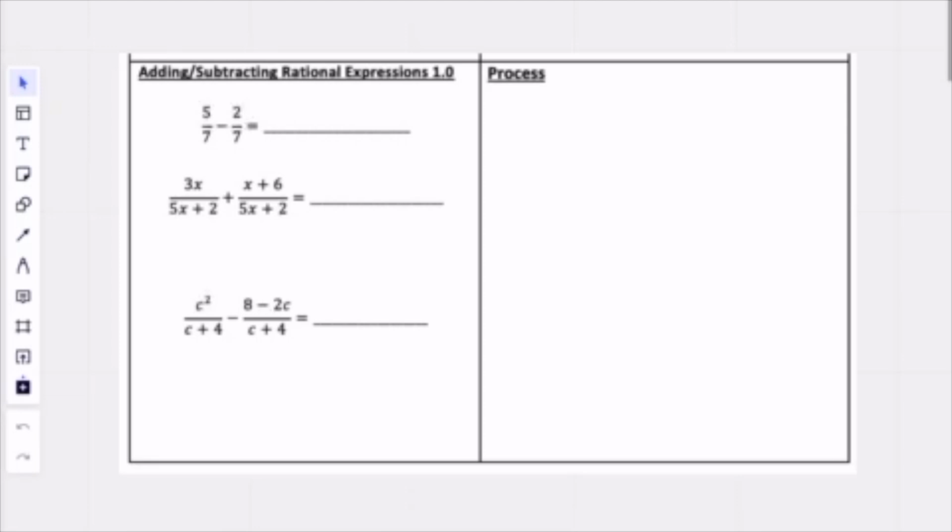If you're looking at this particular example, 5/7 minus 2/7, you've got 5 of 1/7, and you're subtracting 2 of that 1/7. All you're really doing is keeping the denominator and taking 5 minus 2 to get our numerator, so the answer is 3/7.